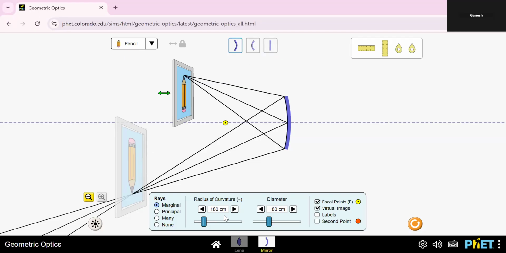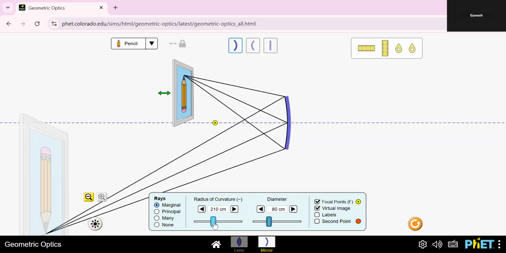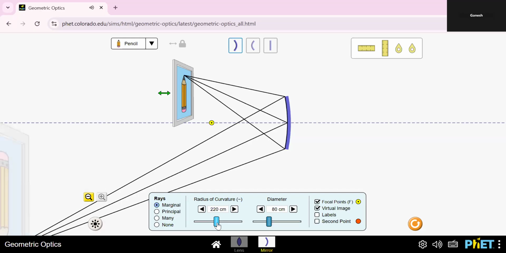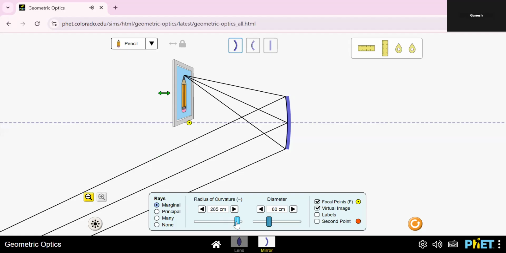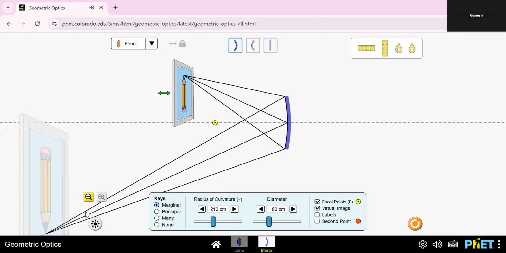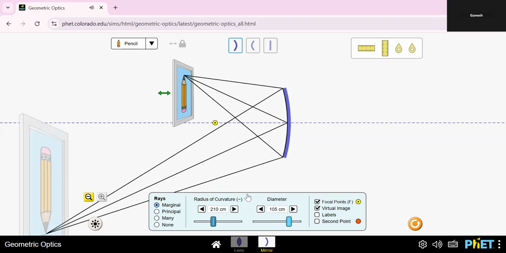Okay. So when we adjust the radius of curvature, the image is at the infinity position. It is far from the lens. When we increase the radius of curvature, the image is at infinity. And when the diameter size is increased, the size of the image is not changed, but the picture is not clear.